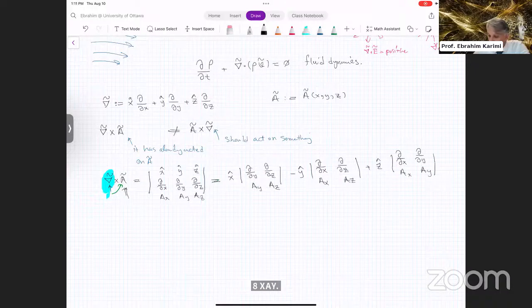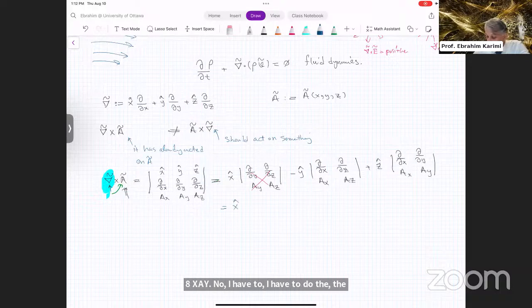Now we have to do the determinant, so it will be x hat: the derivative of az with respect to y minus, in the normal way you write it, ay derivative with respect to z. But remember that nabla is always acting on A. So the correct form is writing the derivative with respect to z of ay.